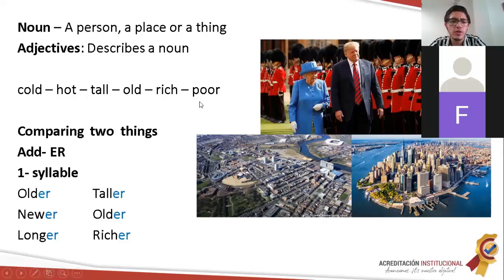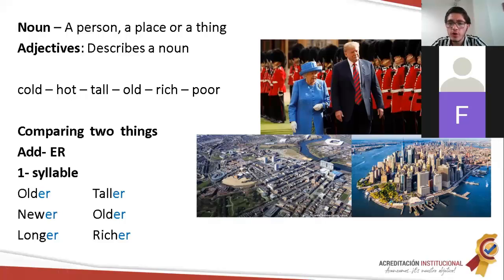Now, Major, who is richer, Donald Trump or Elizabeth Queen? I don't know who is richer. But just give me an example, it doesn't matter if it's real. Okay, Donald Trump is richer than Elizabeth Queen. Here we need to use the word than when you have two subjects.